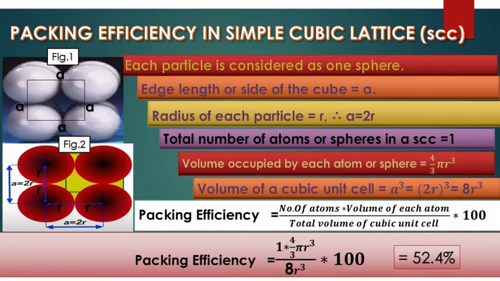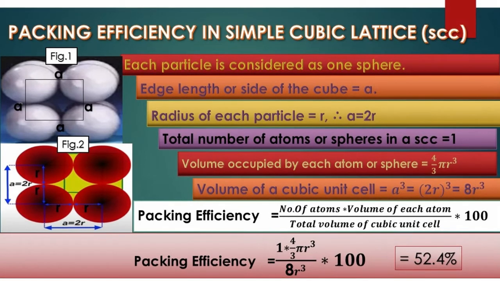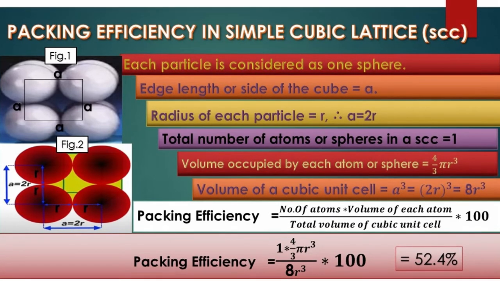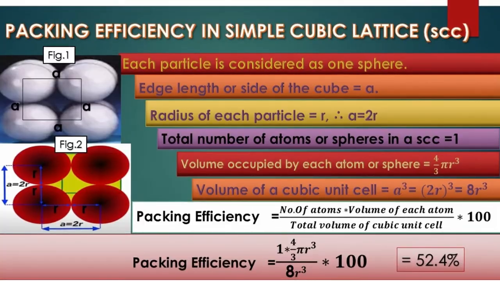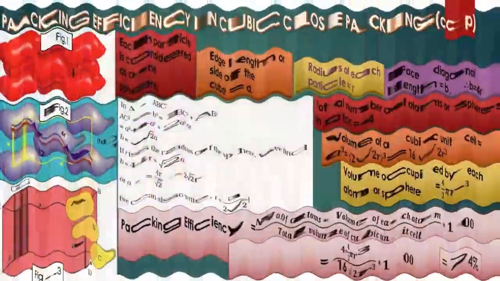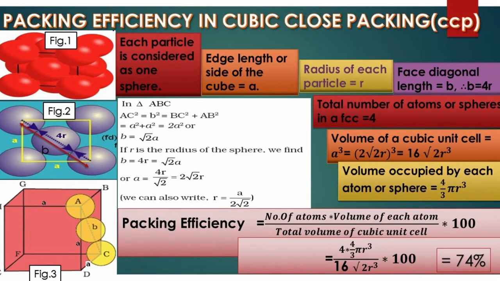So when you substitute the number of atoms as 1 and the volume of each atom as 4/3 πr³, divided by the total volume of the cubic unit cell as 8r³, and multiply by 100, you get the packing efficiency as 52.4%.